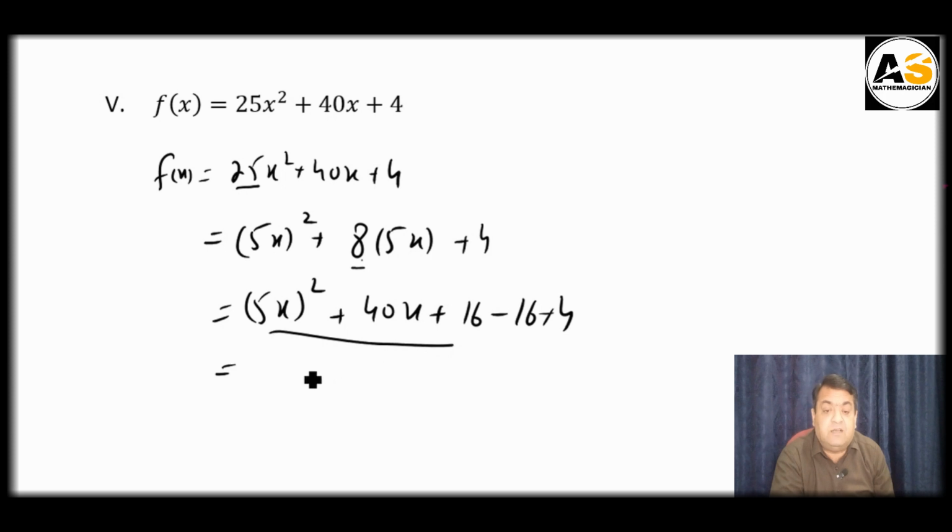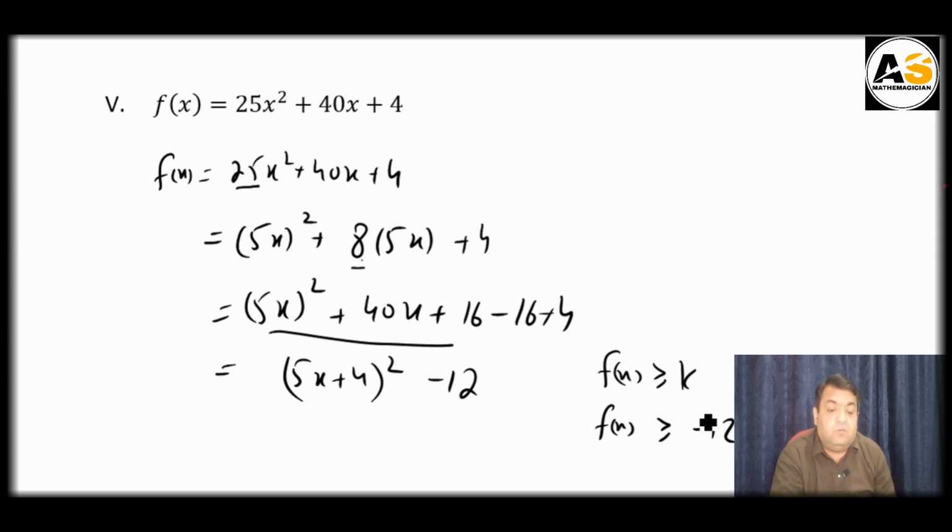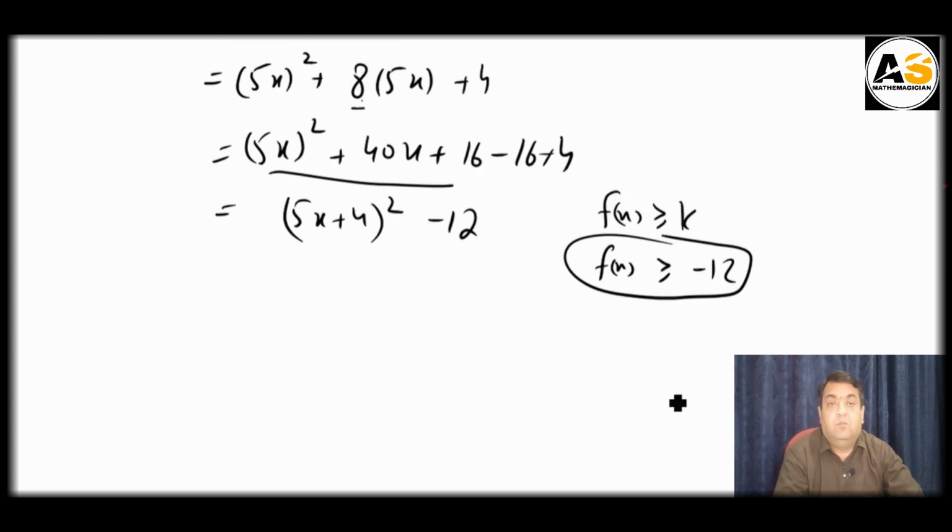The first three terms will complete the square of 5x plus 4 and minus 16 plus 4 is minus 12. So the coefficient of x square is positive. f of x is greater than or equal to k, or f of x is greater than or equal to minus 12 is the range of this quadratic polynomial.